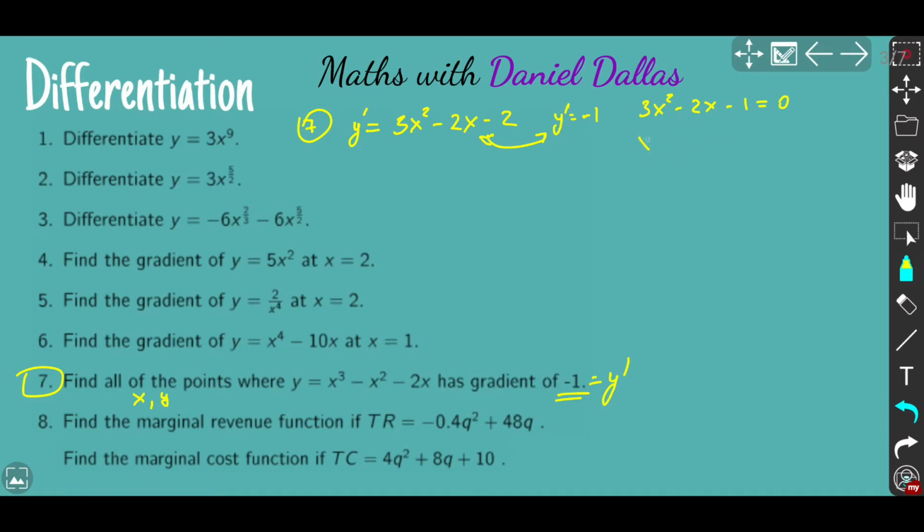I would use the quadratic formula, and that becomes, as you remember, -b plus or minus the square root of b squared minus 4ac, over 2a. That's what the formula tells us to do. And I know each coefficient here.